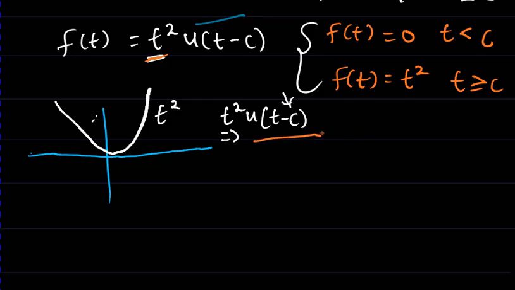The output we'll get is such that, let's say this is the point where t is equal to c. That is the only point where the function will be on. Every other part of this function that is less than c will be cut out.